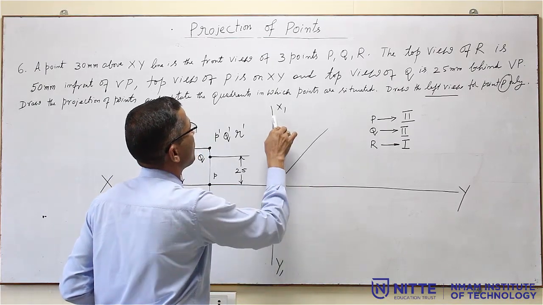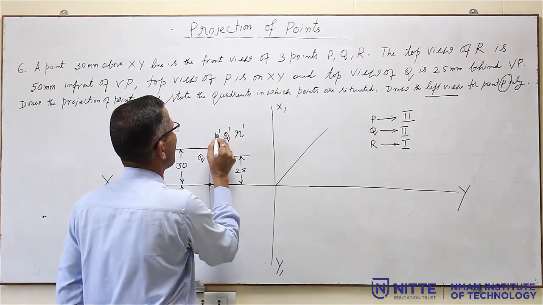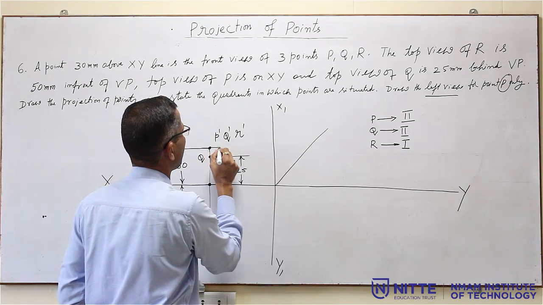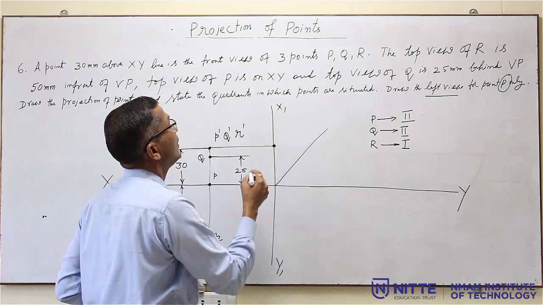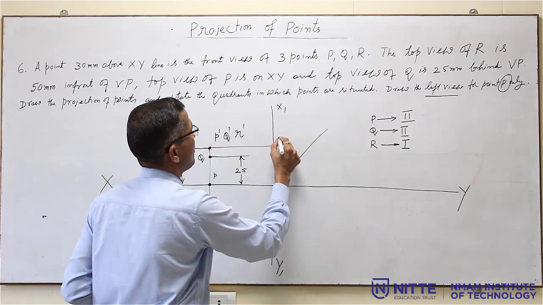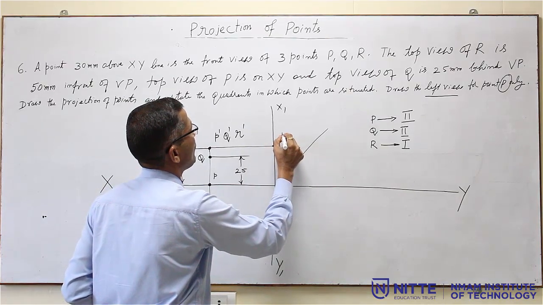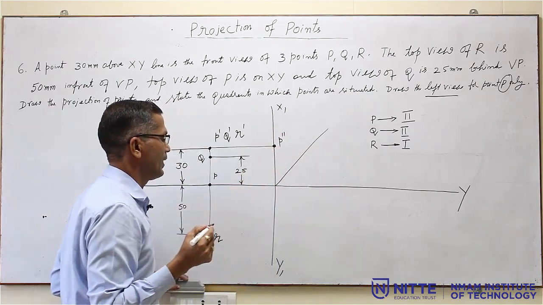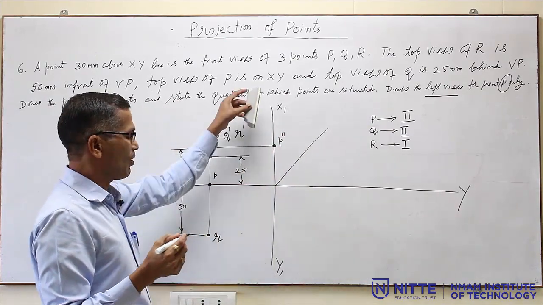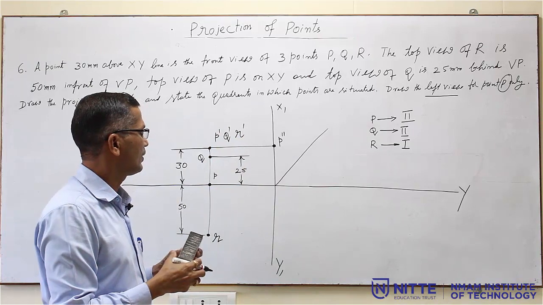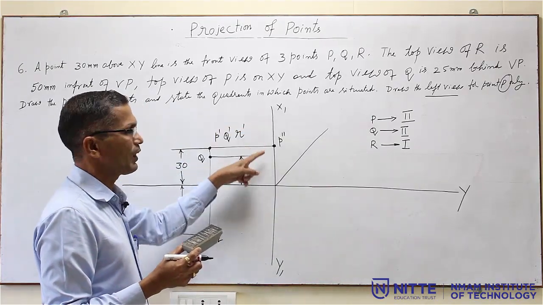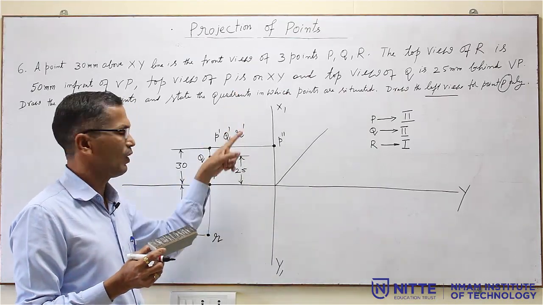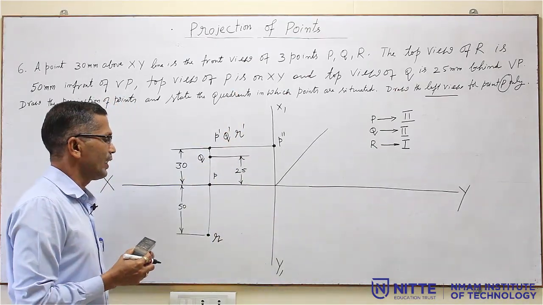Then move up. Then come to the front view, P dash. P dash is here. Then it will intersect, and this is the profile view, P double dash. So now this profile view will be on the x1, y1 line.